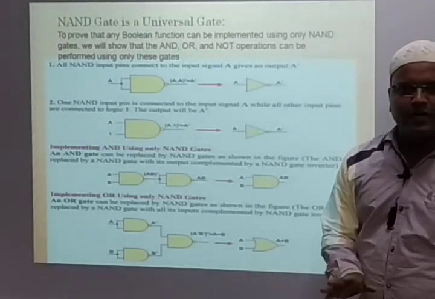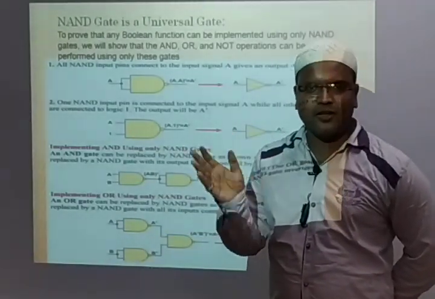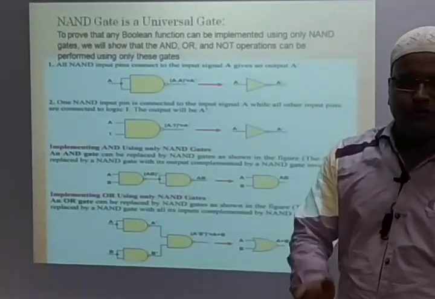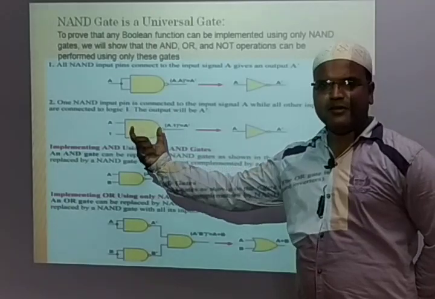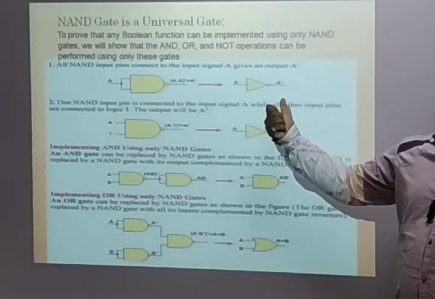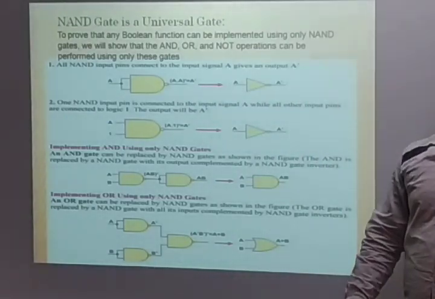So what conclusion can you take from these things? It's quite rotating in your mind, all these things. But as of now you remember, one NAND gate is similar to one NOT gate, because the NAND gate also gives a complement, the NOT gate also gives a complement.